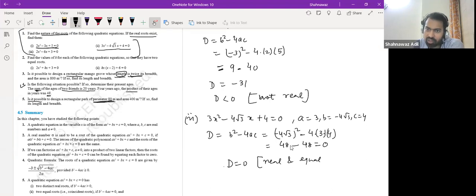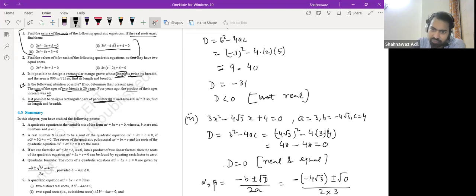So if we know D, then we can calculate alpha and beta. So this would be minus B plus minus root D by 2A. So minus of B is how much? Minus 4 root 3 plus minus root of 0 divided by 2 into A, which is 3.